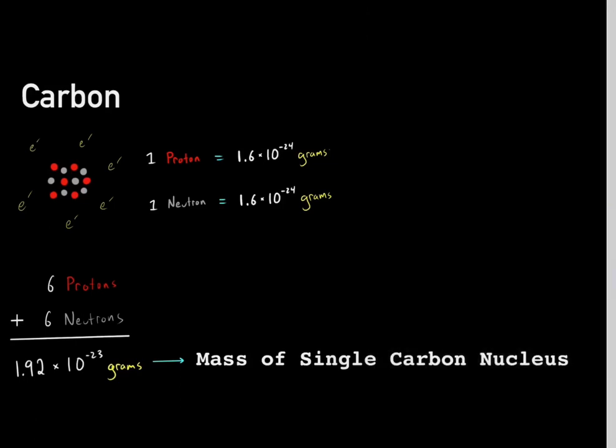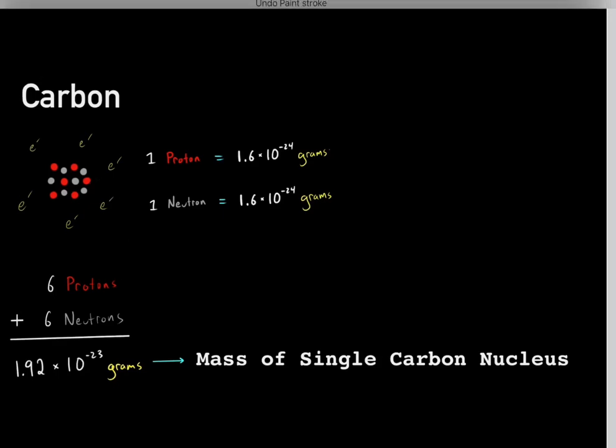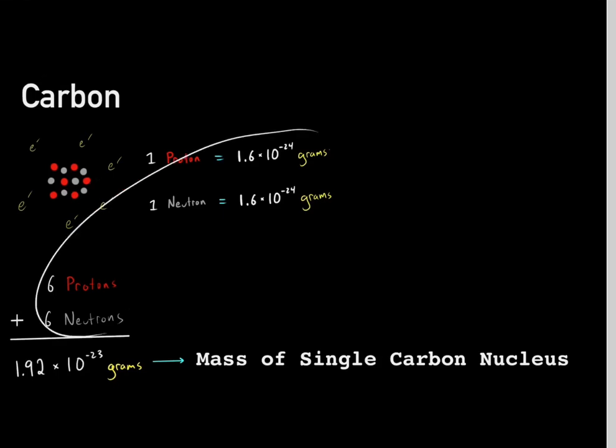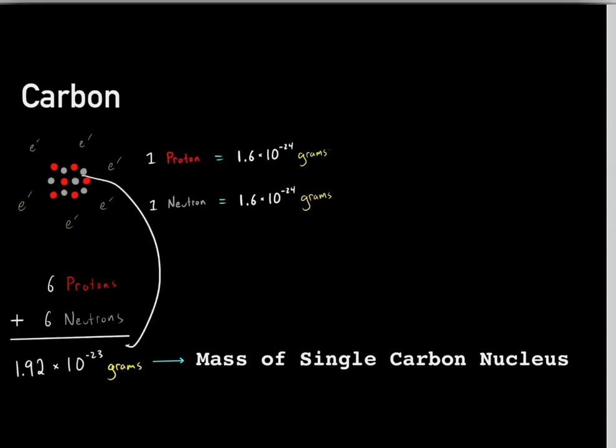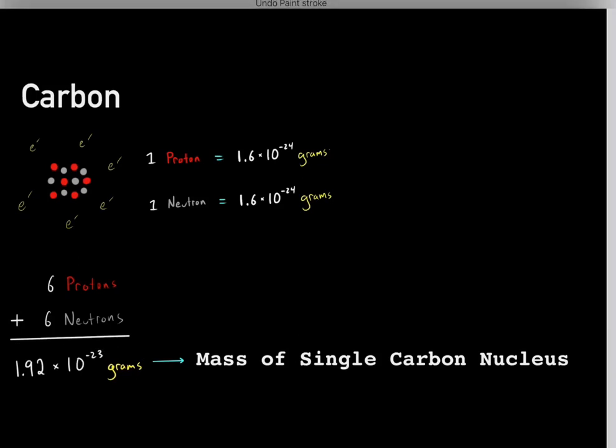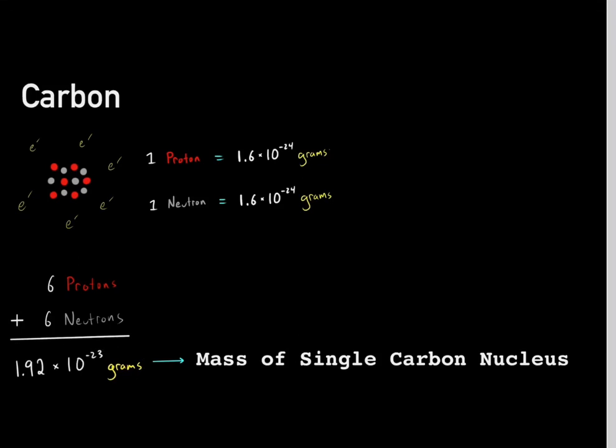So therefore, if we were to find the mass of this carbon nucleus, we would just take the number of protons and add it to the number of neutrons. And if you were to do the math, you would see that this nucleus has a mass of 1.92 times 10 to the negative 23 grams. That's the mass of a single carbon nucleus.